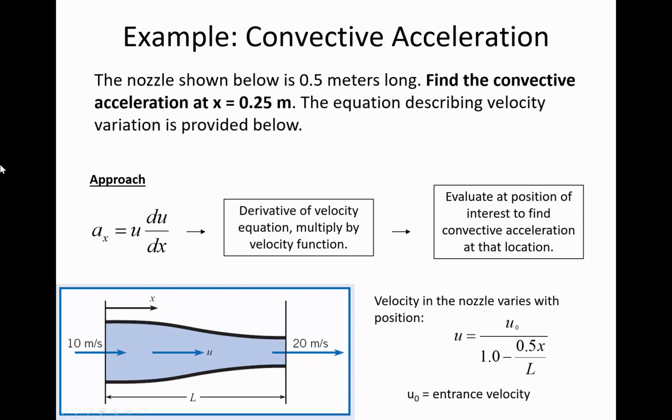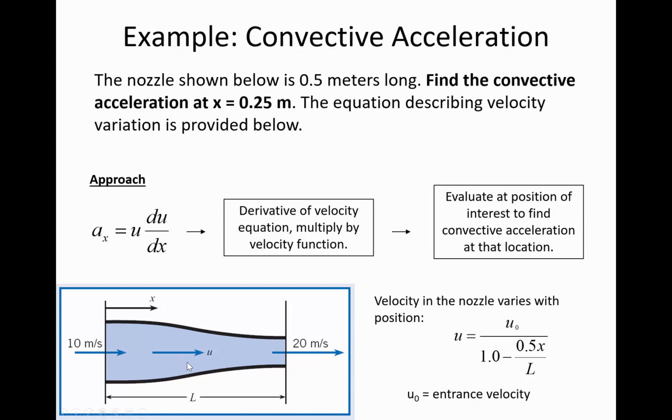And you can see that the convective acceleration is the velocity at a certain point multiplied by du dx. So we're going to actually dust off our calculus here for a minute, because what we have is an equation for velocity, and we have to take the derivative of that equation with respect to x.